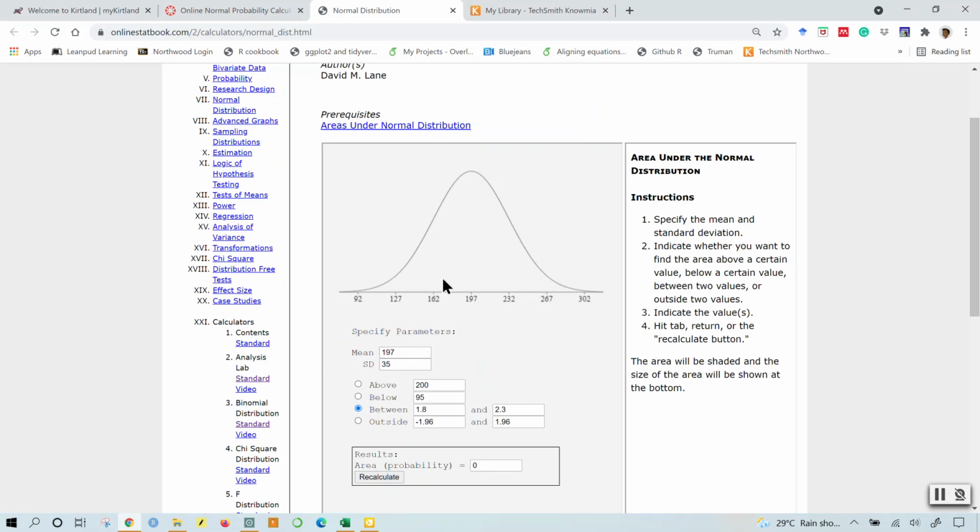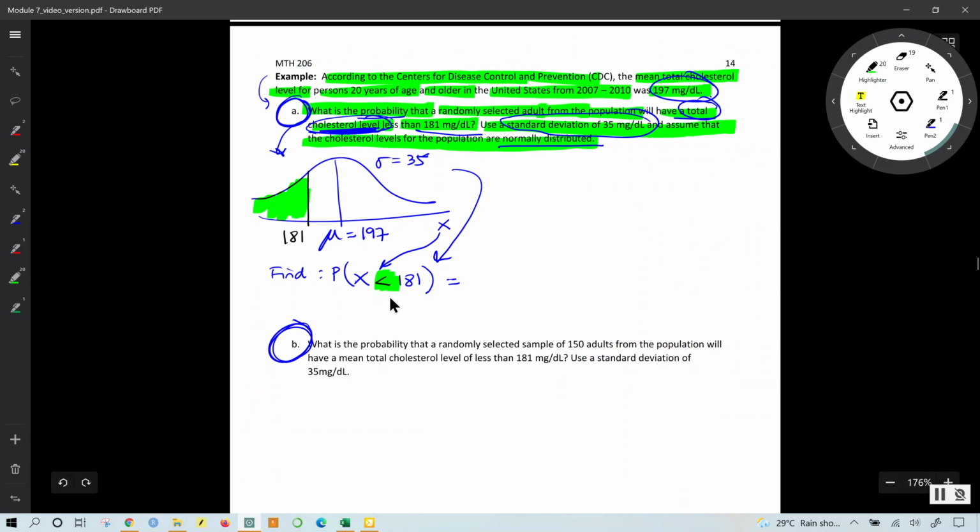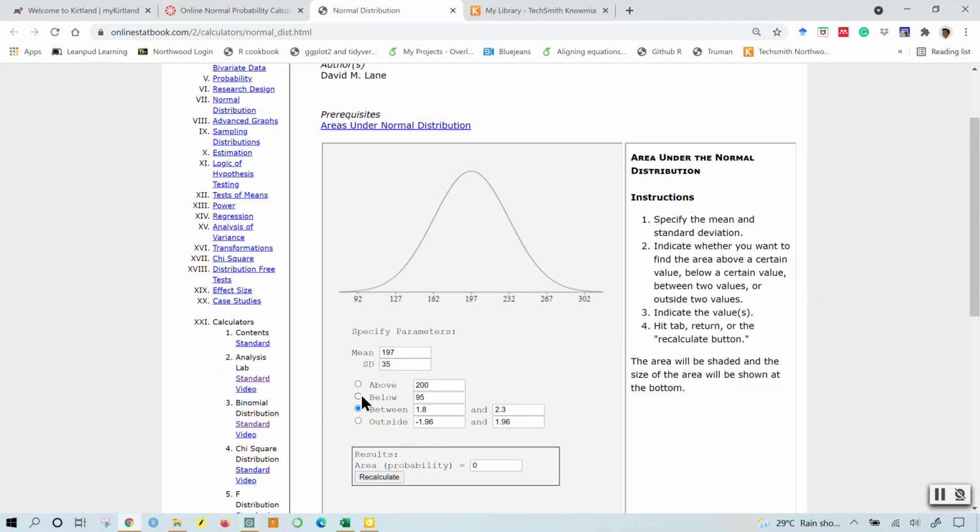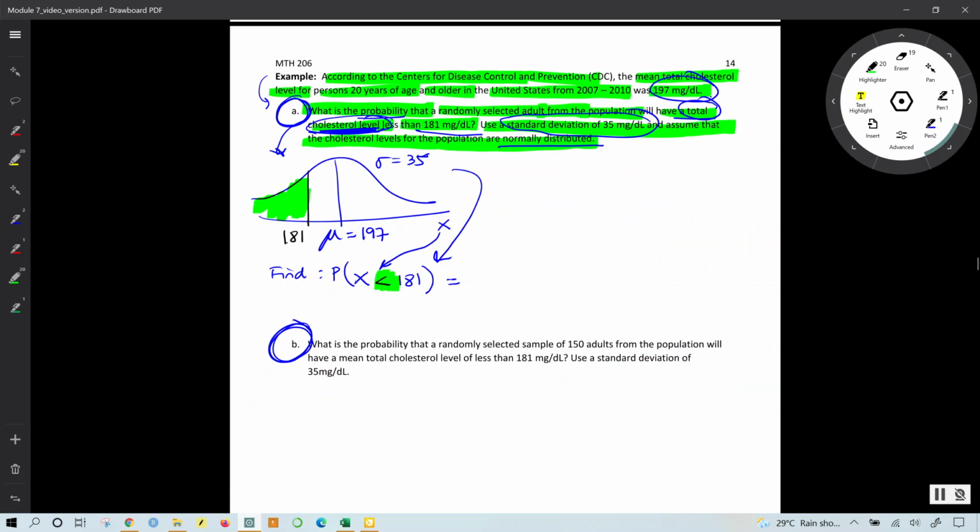These are the parameters of that distribution, and in relation to that distribution, I'm interested in below 181. So for below, I'm going to click on below, 181 and hit the enter button. I have 0.3238.